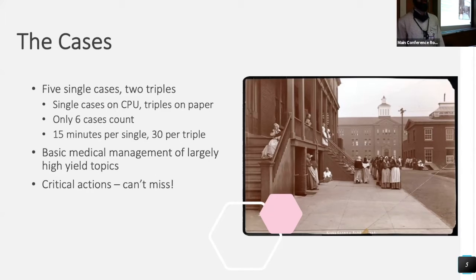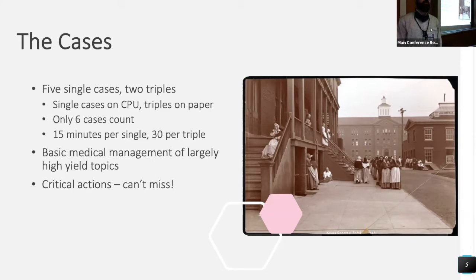They want to know that any physician that passes this test can handle the usual suspects, no matter what EM practice you're going to be going into. And this is why you only need 15 minutes and 30 minutes, and that's more than enough time to finish these cases. The management's not that complicated. You'll usually know right off the chief complaint where you're going with the case, and you'll make the diagnosis really easy.